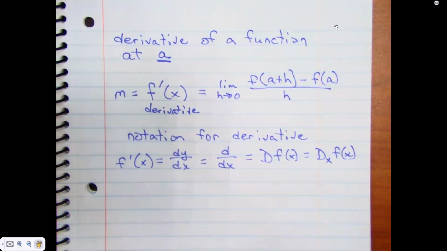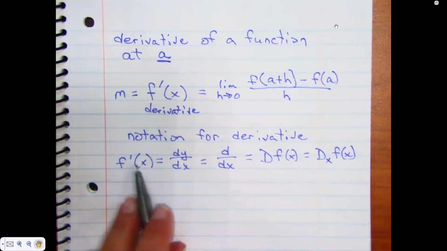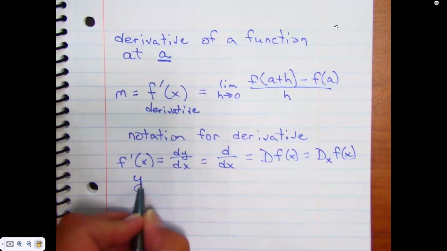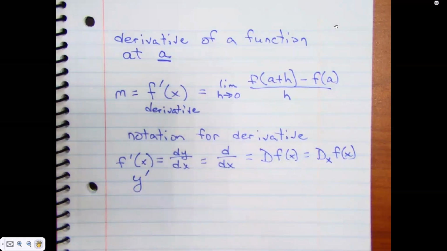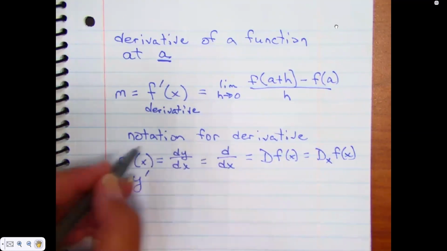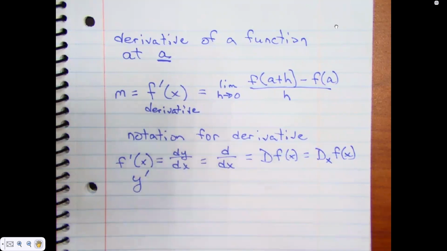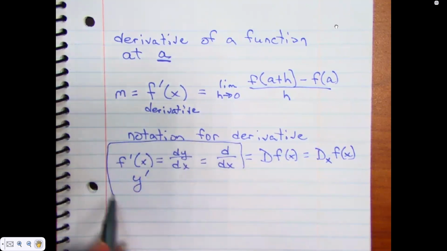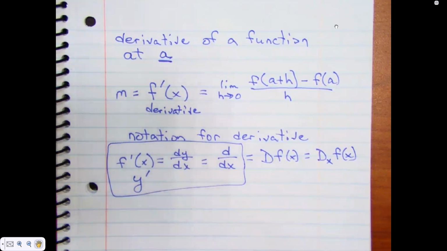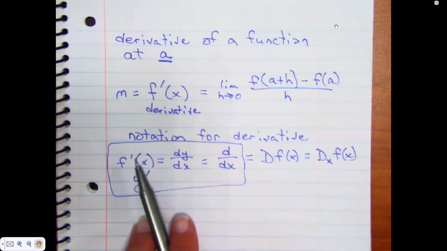Oh, and we can also do, instead of function notation, y prime. So I would say these four, I don't know if I'll use this one at all, but just in case you ever see it, they're just asking for derivatives. At some point we'll use all four of these, but this one by far the most.